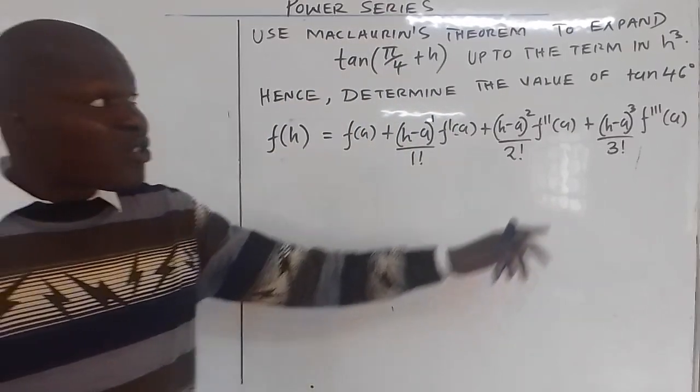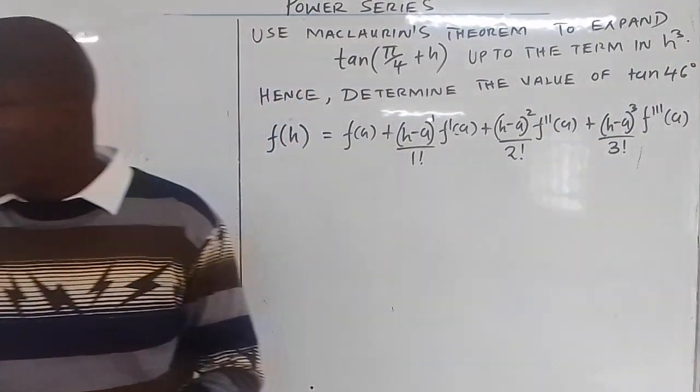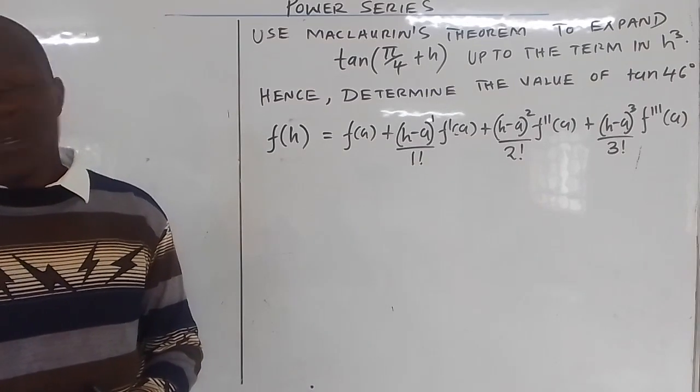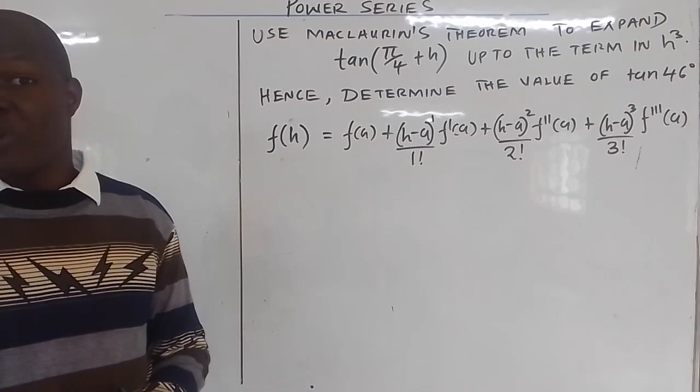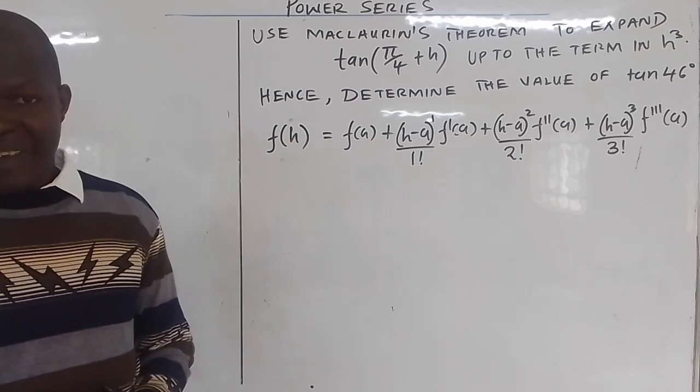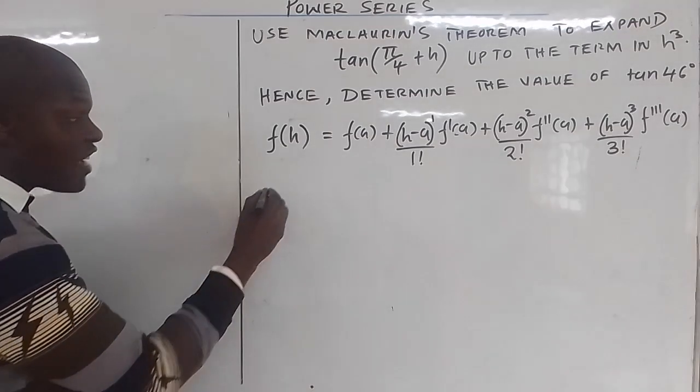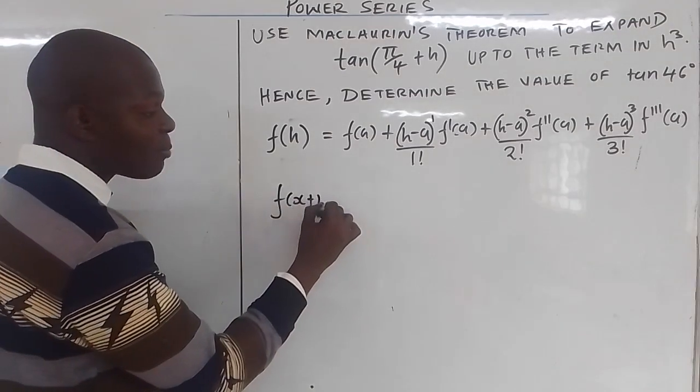You see, they've used this variable to confuse you in that case of a Taylor's expansion of x plus h. Don't confuse it with that Taylor expansion. That is not Maclaurin's. Taylor is where you have f of x plus h.